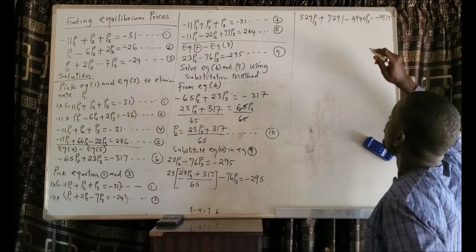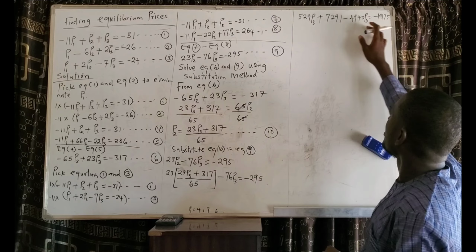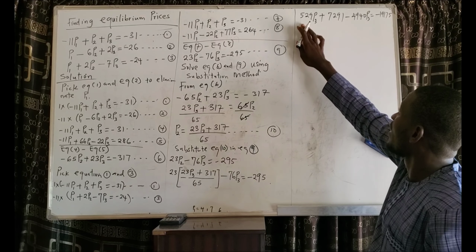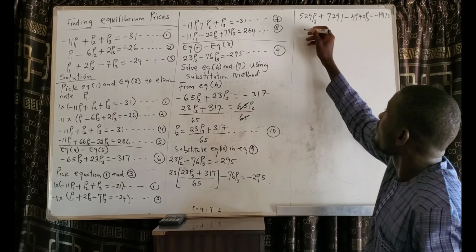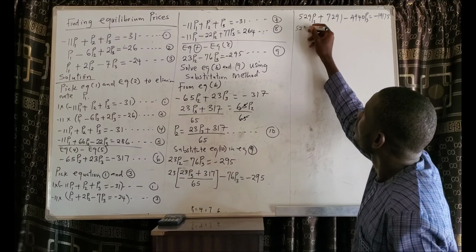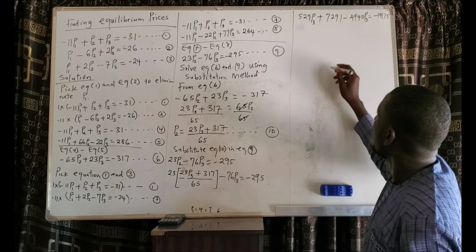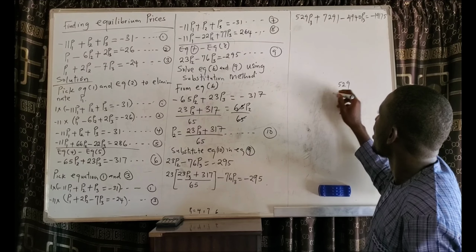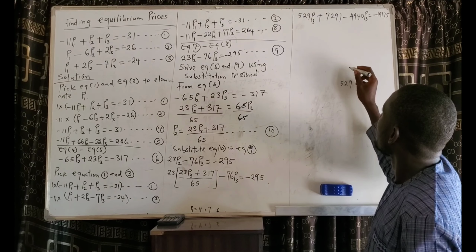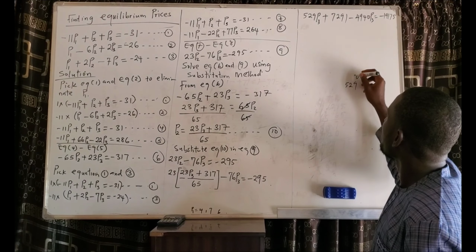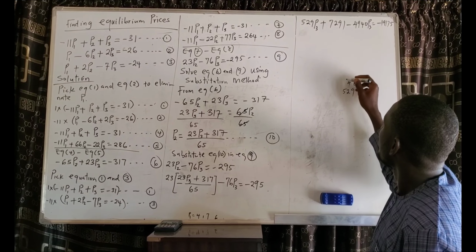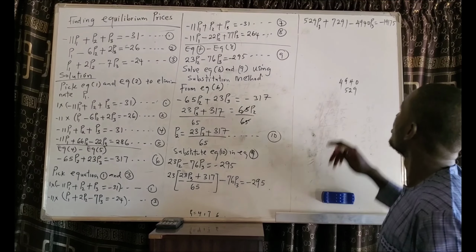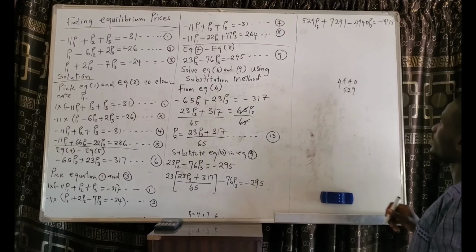So now we have this equation in just P3. Now when you rearrange, we have 529 minus 4,940.